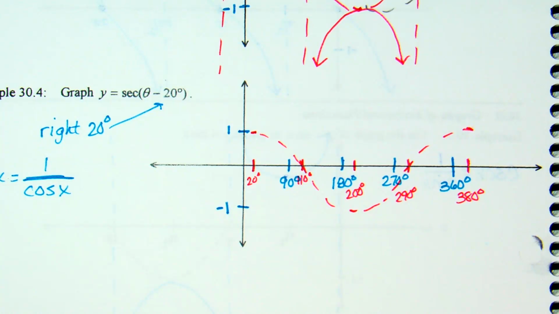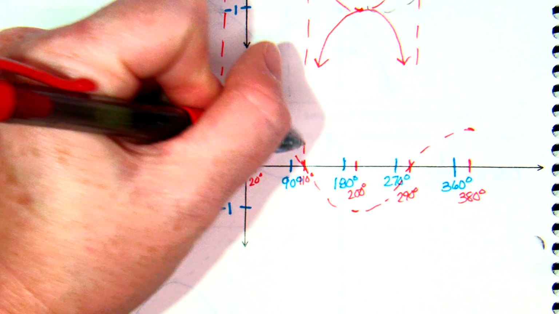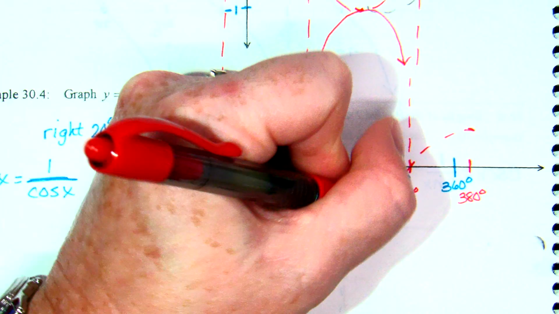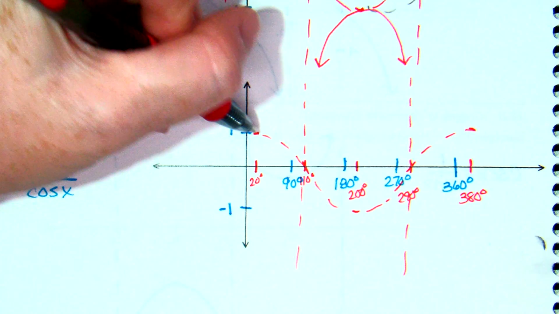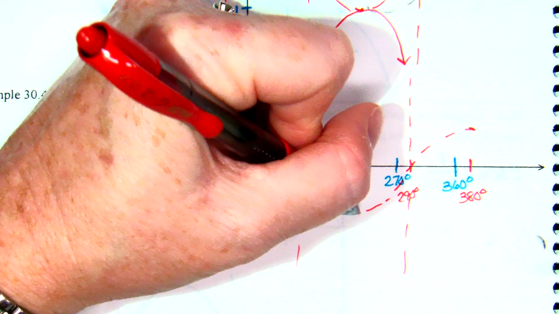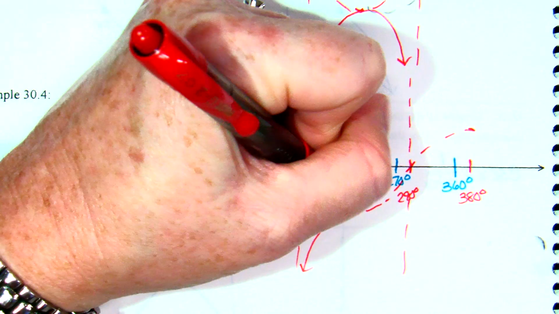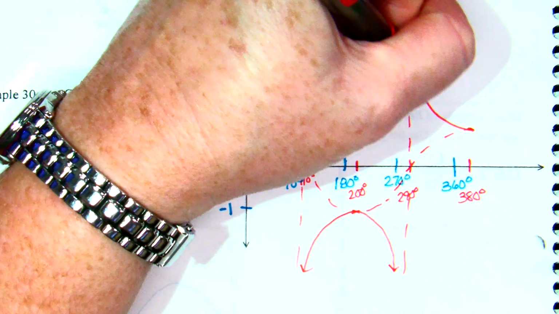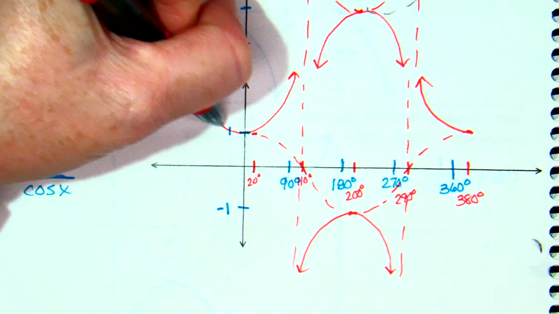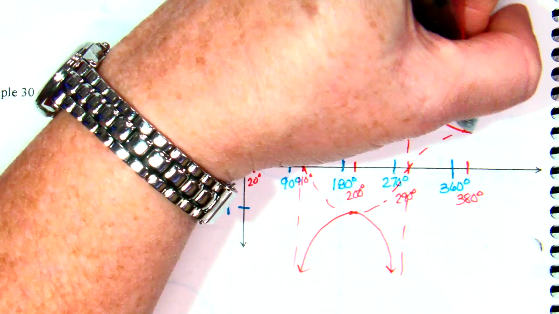Asymptotes where? 110 and 290. And then flip your curves. If you want to draw the whole curves out here on the end ones, you can.